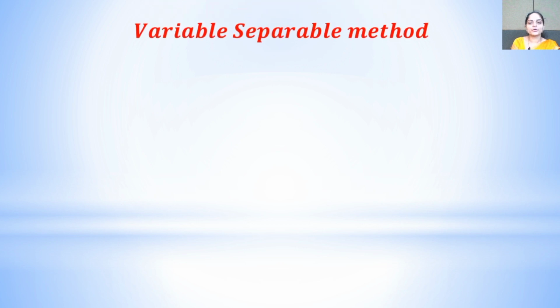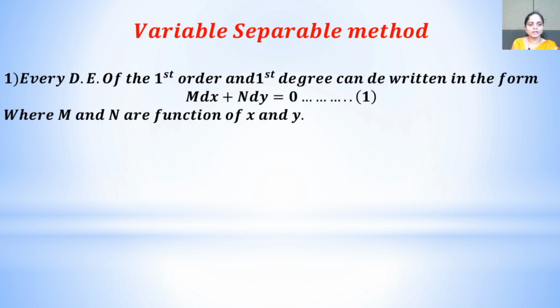Now, the second point in this lecture is the variable separable method. Every differential equation of the first order and first degree can be written in the form m dx plus n dy is equal to 0. It's our first equation, where m and n are functions of x and y.